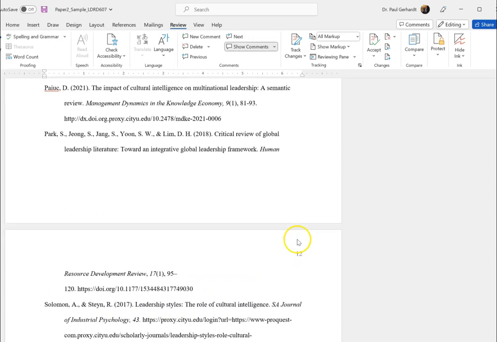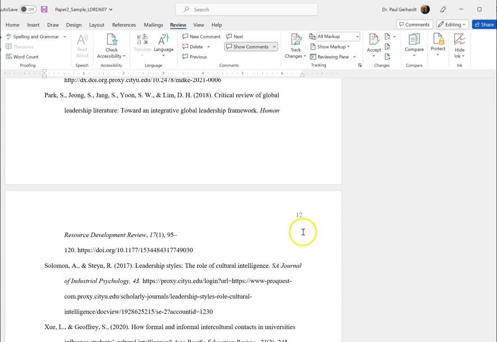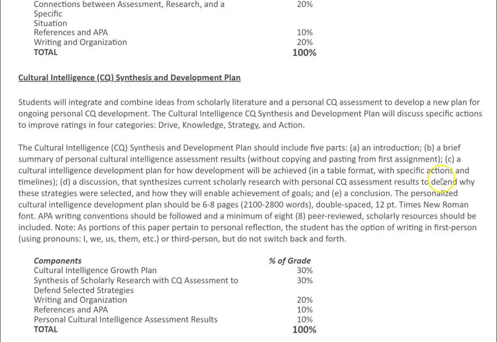Good papers have more than one resource for each of the different sections. You'll see that there's a minimum of 6 to 8 peer-reviewed minimally. The more the better. So do review the syllabus before you do the paper, and after the paper, read your paper out loud and ask yourself, how well did I introduce this section?